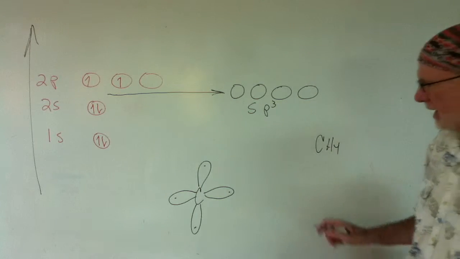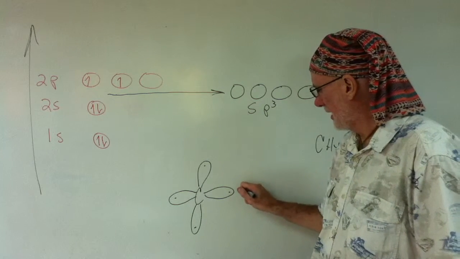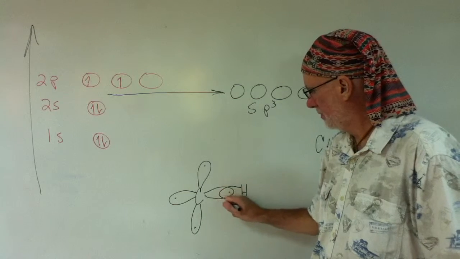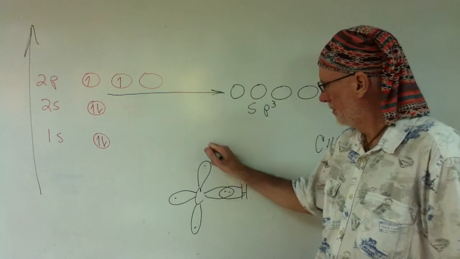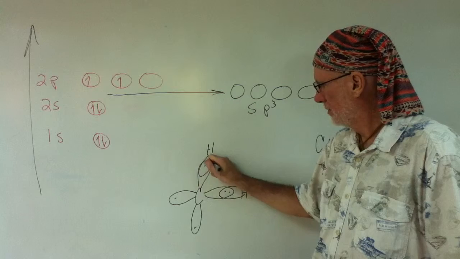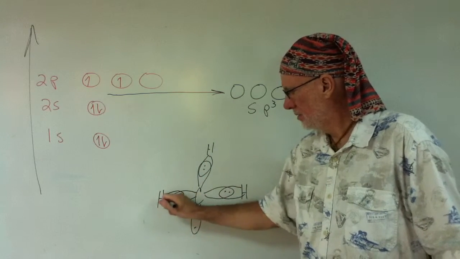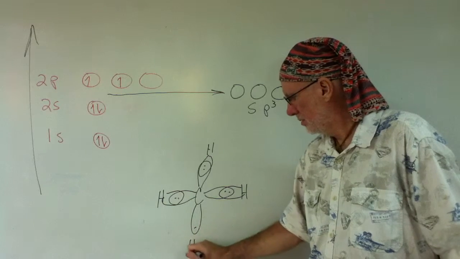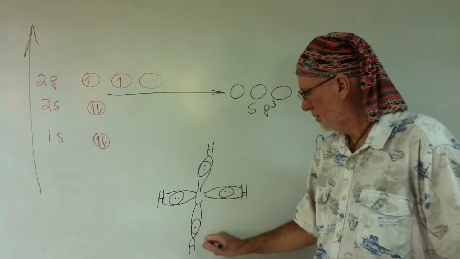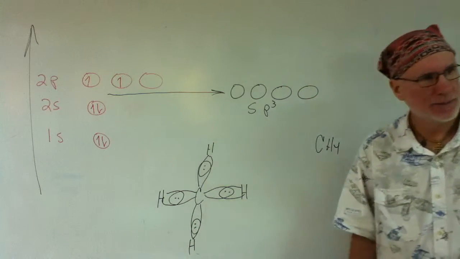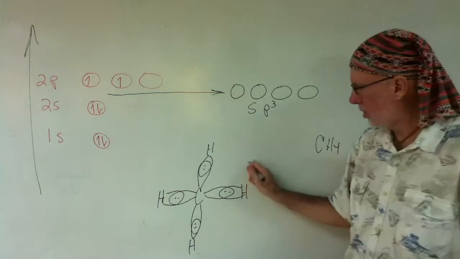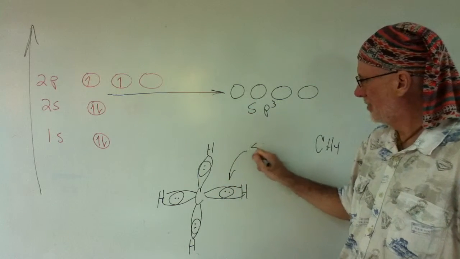And then what happens is I get a hydrogen. Okay. Yes? And these are called sigma bonds.